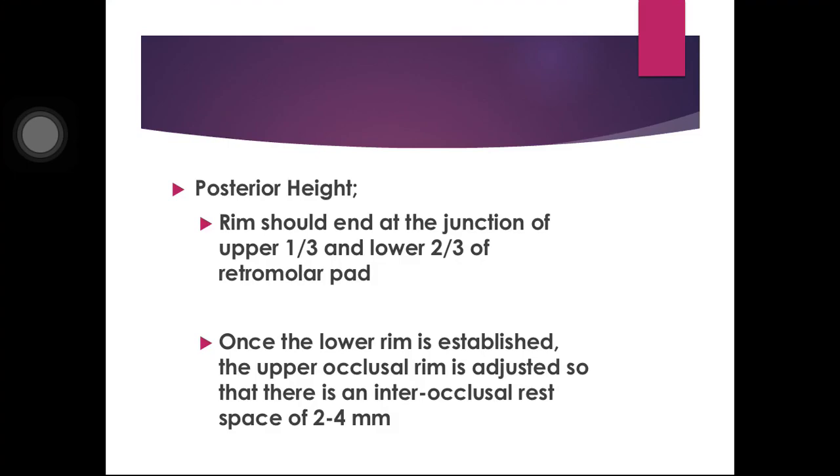The posterior height is adjusted so that the rim ends at the junction of the upper 1/3 and lower 2/3 of the retromolar pad. Once the occlusal rim is established, the upper occlusal rim is adjusted so that there is an interincisal rest space of 2 to 4 millimeter.